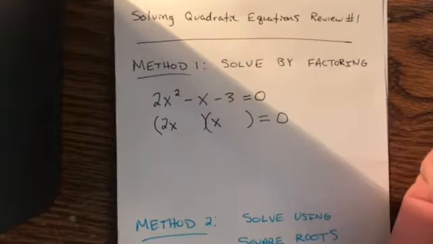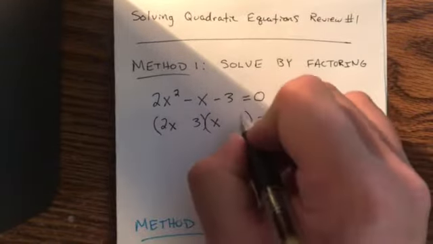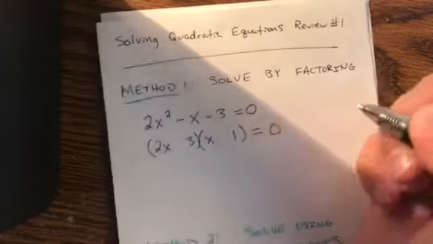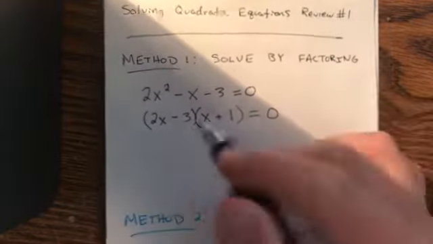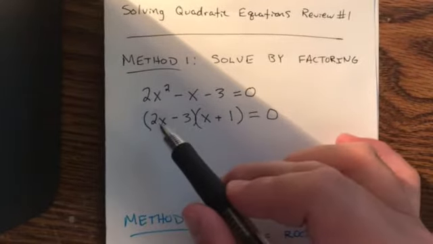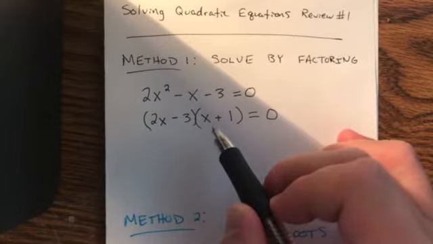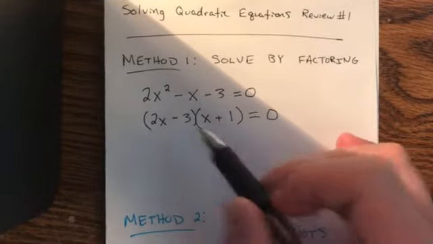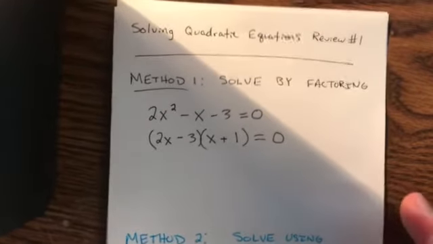And then the only factors of 3 are 3 times 1, and I think it might work out this way. 3 times 1, let's see, I want a minus 3 plus 1, so that if I FOIL this out, I get 2x squared plus 2x minus 3x. Okay, so that would be a negative 1x, and then negative 3 times 1 is negative 3. Okay, we have factored it.